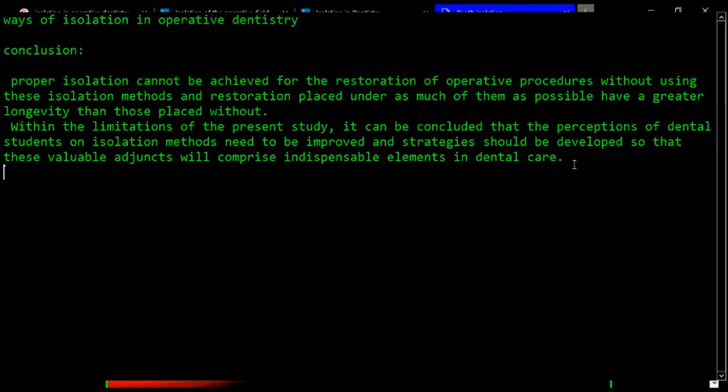Let's write here: the most important method of isolation is the rubber dam.